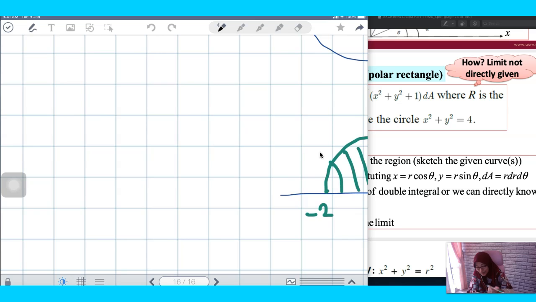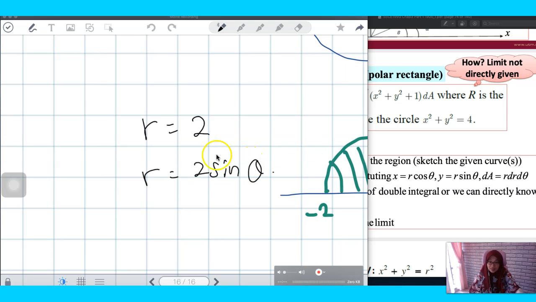What I want to explain is the difference between r equal to 2 and r equal to 2 sine theta. This one is constant, and this one is a function. With r equal to 2, you have a circle centered at the origin. With 2 sine theta, you also have a circle, but the center is not at the origin. So again, bear in mind.